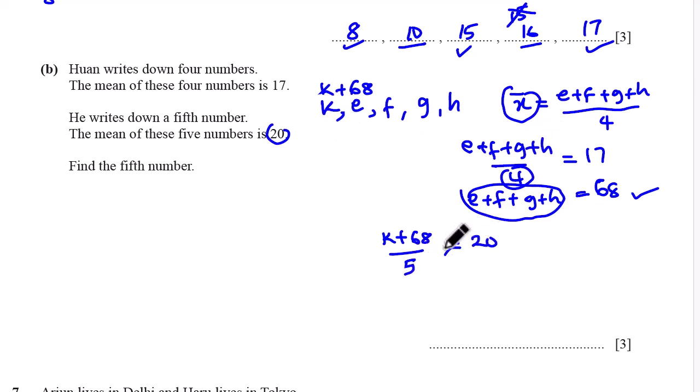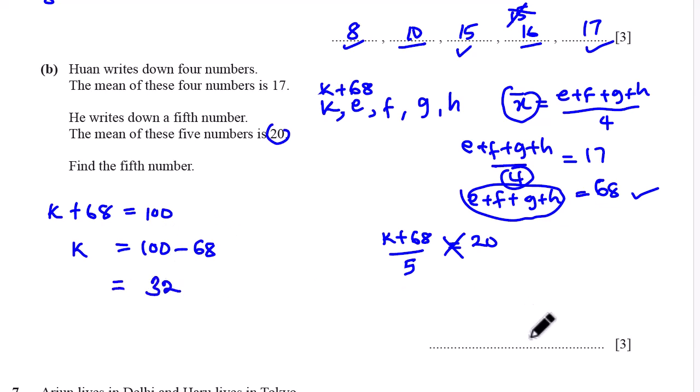So what you want to do is cross multiply so that you can say K plus 68 is equal to 5 times 20, which is 100, and then K is going to be 100 less 68. This should be 32. So your K is simply 32.